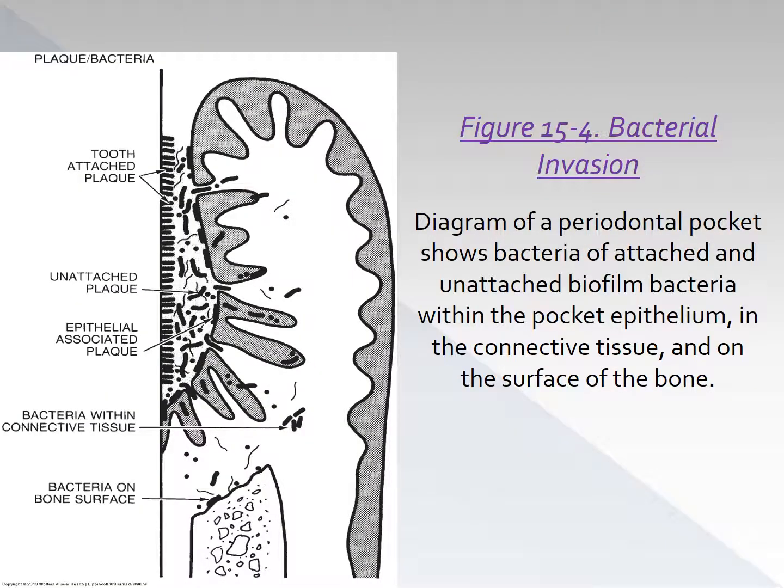All right, so here's the bacterial invasion. The diagram of a periodontal pocket shows the bacteria of attached and unattached biofilm within the pocket epithelium, in the connective tissue, and on the surface of the bone. So you can see how these bacteria are penetrating through the tissue.